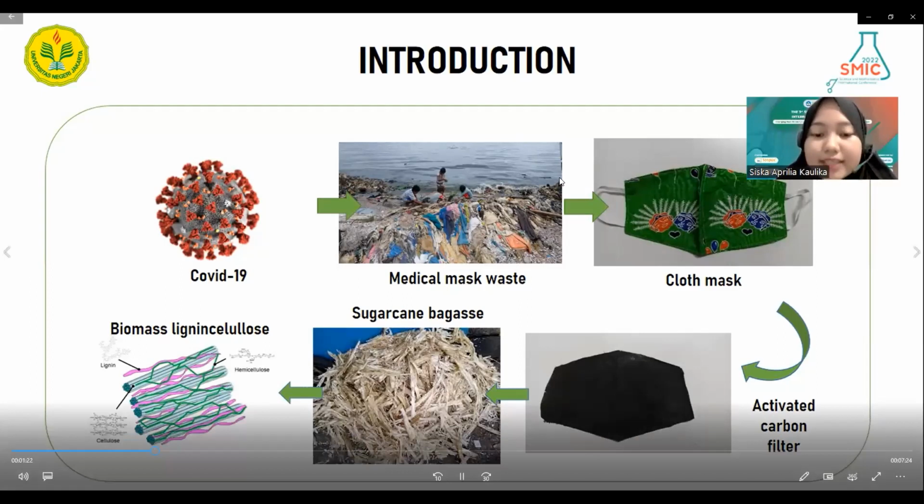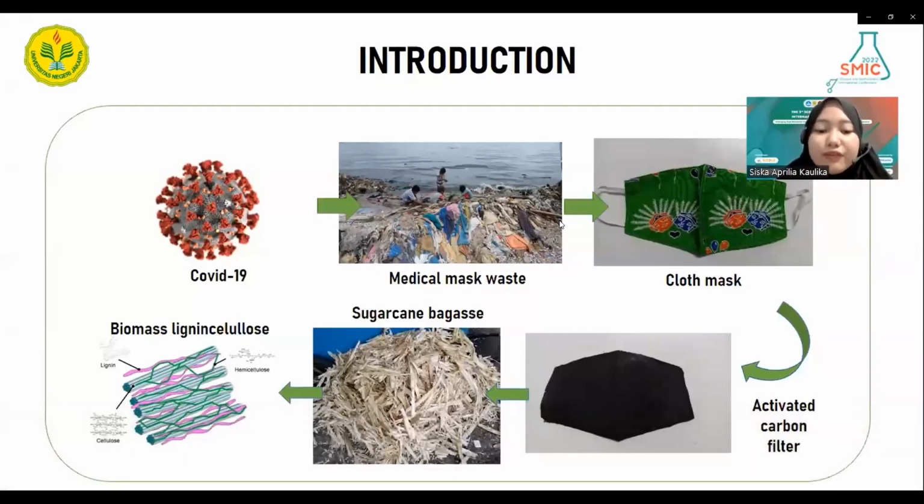Filters in cloth masks play a role in increasing the filtration ability of masks, especially in reducing microorganisms. One of the most common filters for masks is the activated carbon filter.